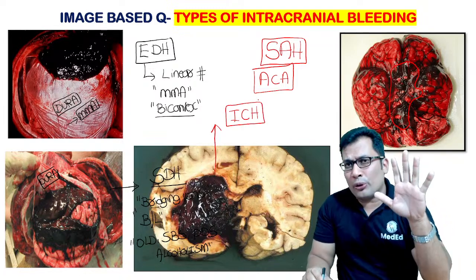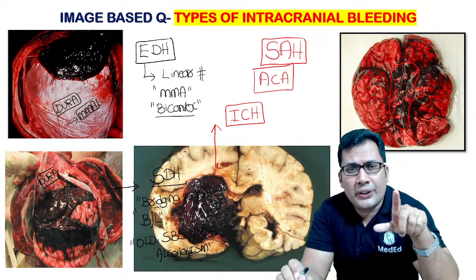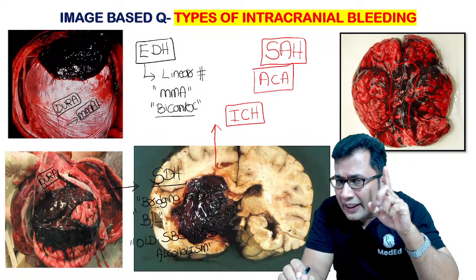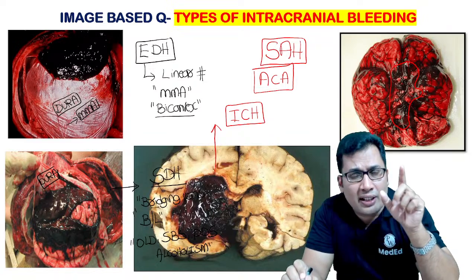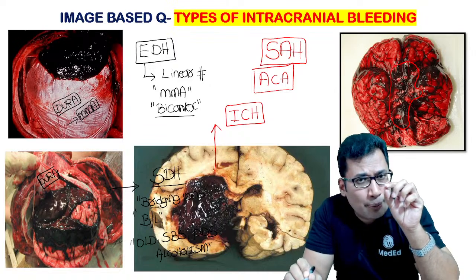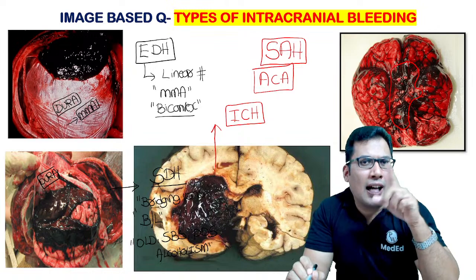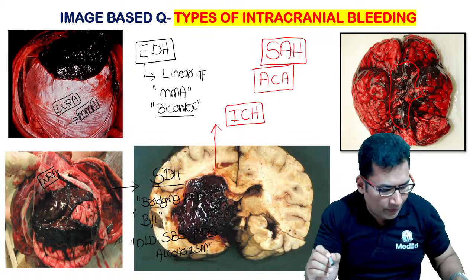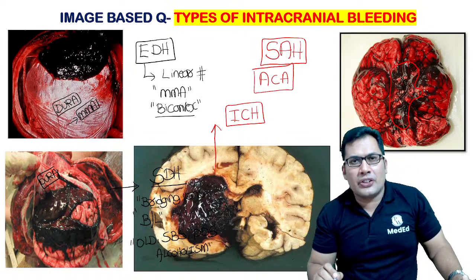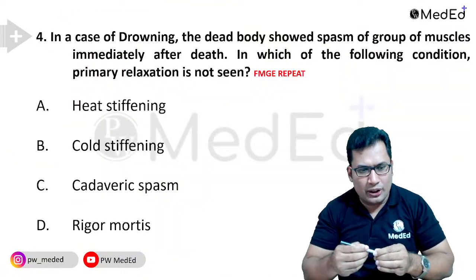Basically, there are 4 questions that can be asked from intracranial hemorrhages: EDH, SDH, SAH, and intracerebral hemorrhage. The commonest site of intracerebral hemorrhage is basal ganglia. One of the commonest causes is hypertension. So all this can be asked in your upcoming exam. Now look at question number 4.